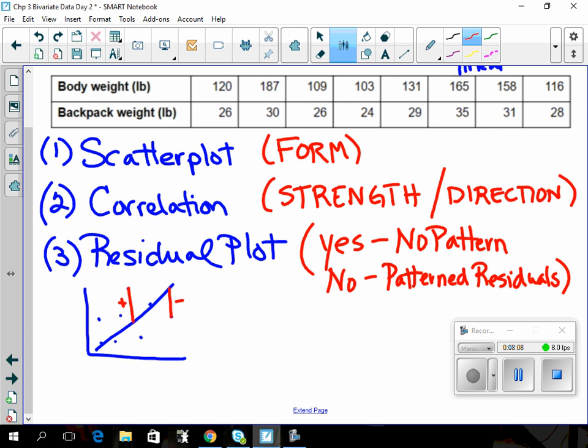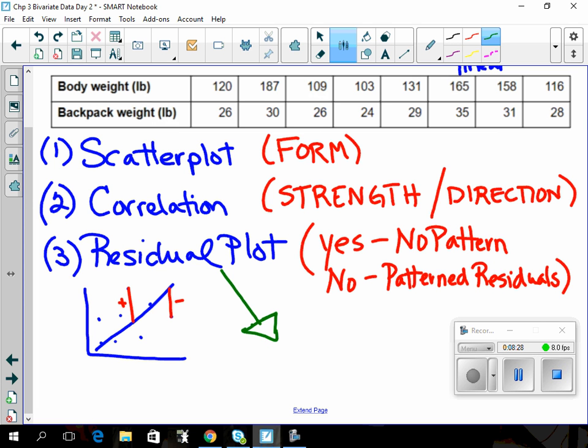When you graph a residual plot, what goes on what axes? Remember we did this on a calculator before break. It's x's versus the residuals.